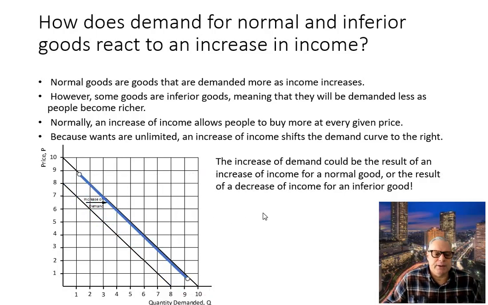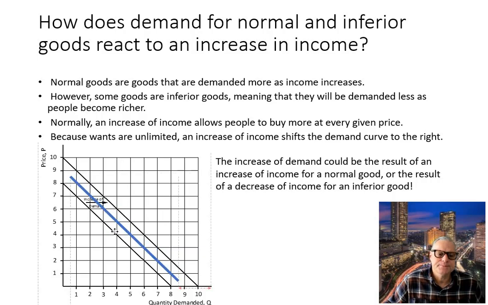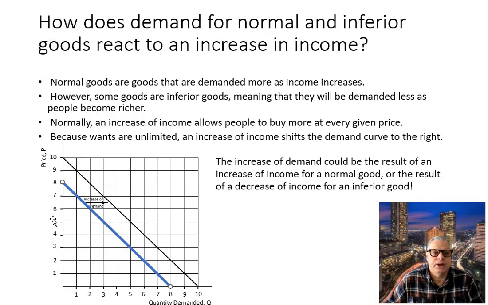So income is a determinant of demand and a shifter of demand. But now we've got to be careful. In a fancy restaurant, you probably go more often if you have a higher income. But let's say this is the market for ramen noodles or instant noodles.